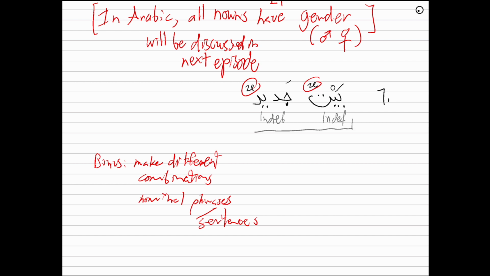So now we have a united nominal phrase, a nominal phrase that unites it. Beit is house, right? And then jadid is new. Since it's indefinite, we say a new house. Not a whole sentence, but it's a phrase. A new house.